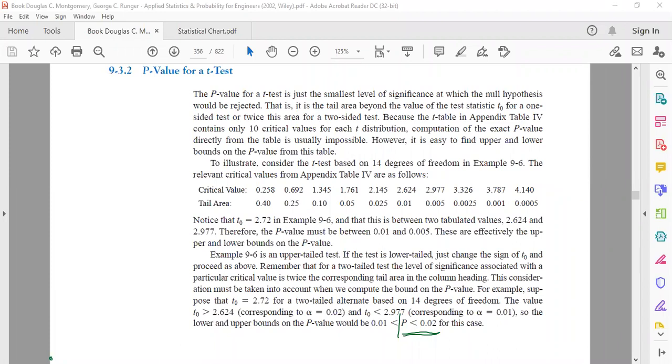But you see, since it is a one-sided test, if you consider the 1% level of significance and your p-value is lying between 0.01 and 0.02, this 1% level of significance is actually less than the p-value. And if you consider any level of significance which is less than the p-value, there the null hypothesis should be accepted.